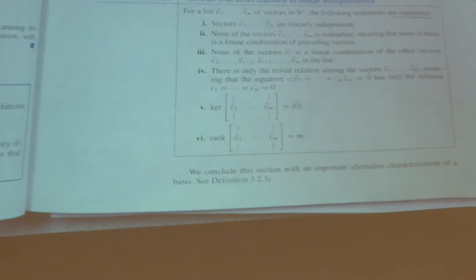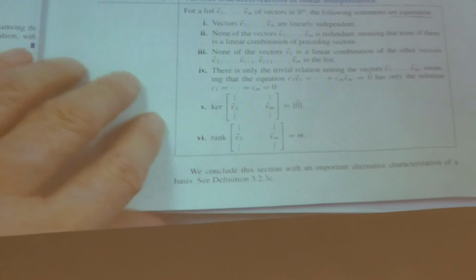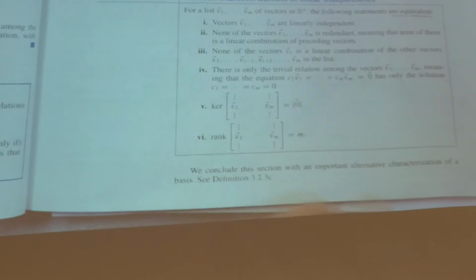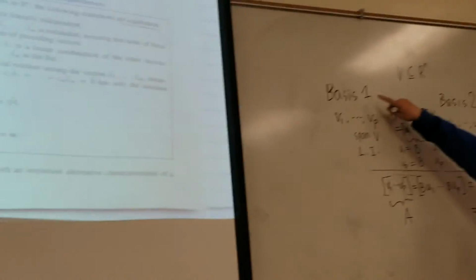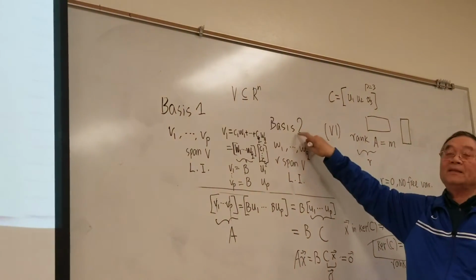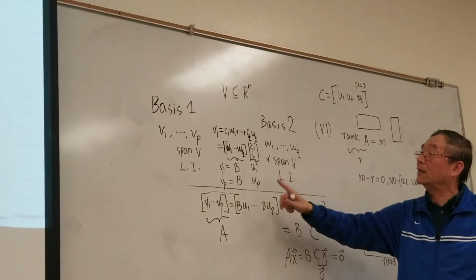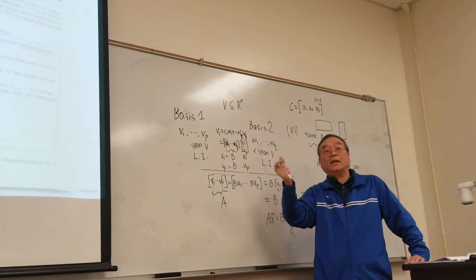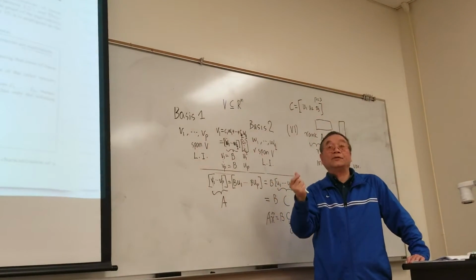It must be like this. Okay? And that is why we should have P less than or equal to Q. If you use the linear independence property of basis 1 and use the spanning property of basis 2, then you will get P less than or equal to Q. Then you turn around, switch the rows, right?